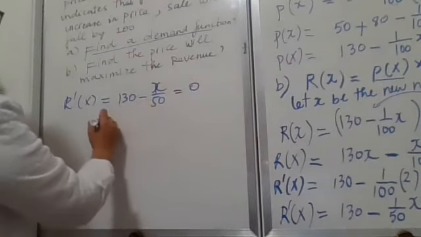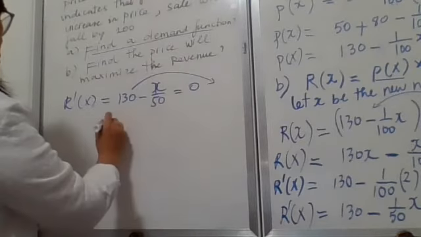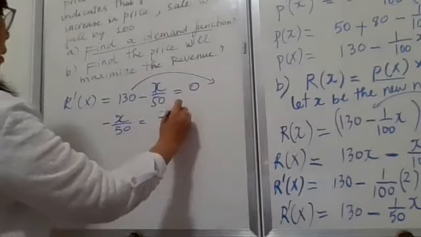So let's solve for x. I am going to transfer this over, so I will have minus x over 50 equal to minus 130.